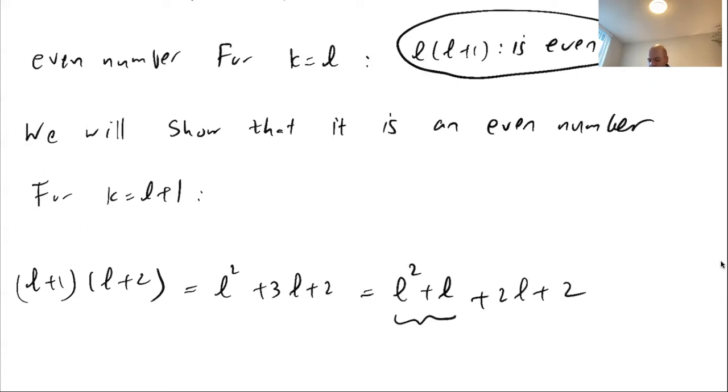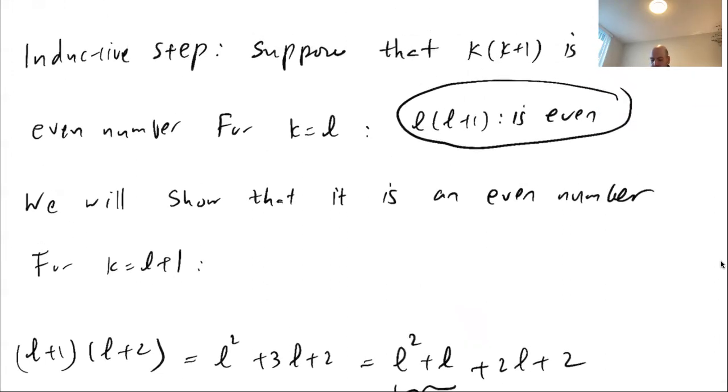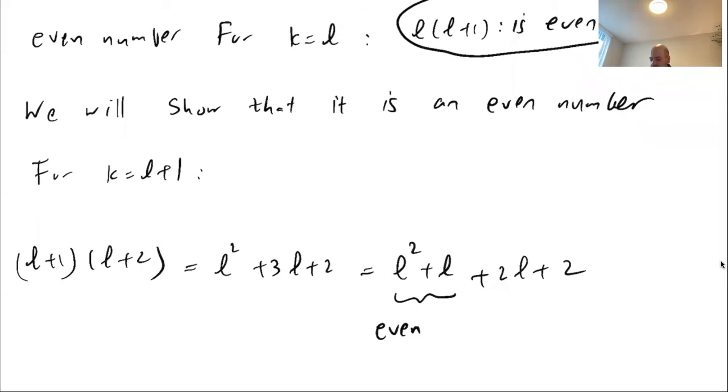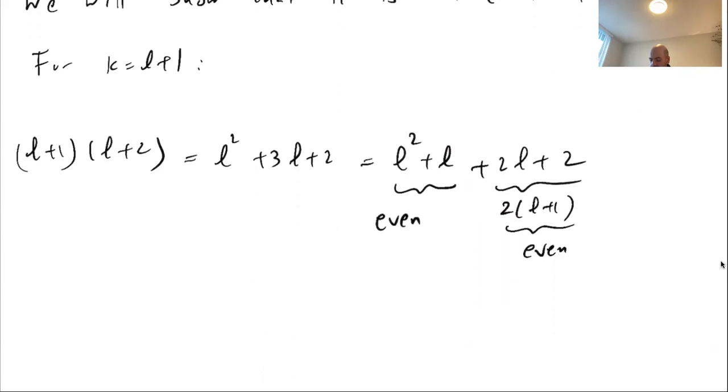Now, L squared plus L is even by the assumption in the inductive step, or induction hypothesis, in other words. This is an even number. And this one is 2 times (L plus 1), which is also even. And then even plus even will be even.